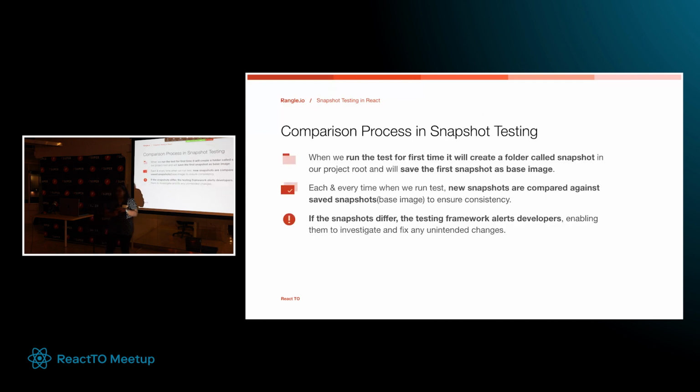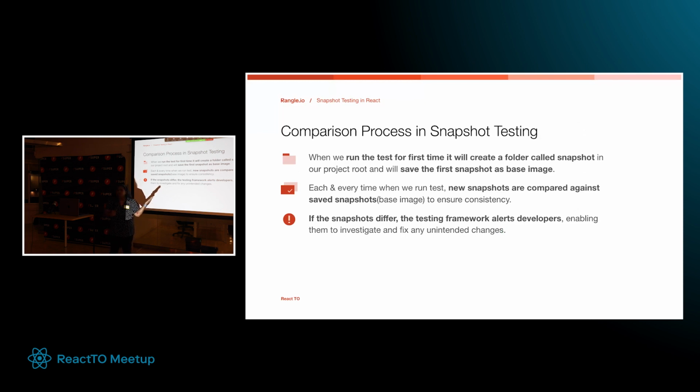On the comparison process, as I already told you, when we run the test for the first time, it will create a snapshot folder in our project root. Whenever we run the test again, we will be saving our base image.